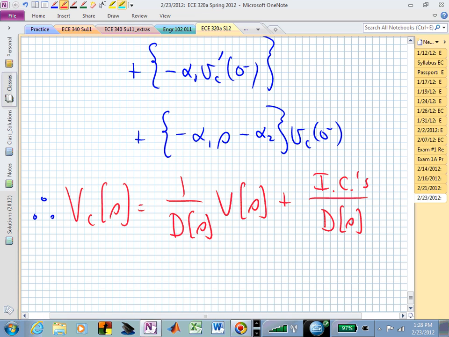And I now have two pieces. I have this piece that's due to the forcing function. Part of my response is due to the forcing function, or the source. And the other part of my capacitor voltage response is due completely to initial conditions. Questions on that?